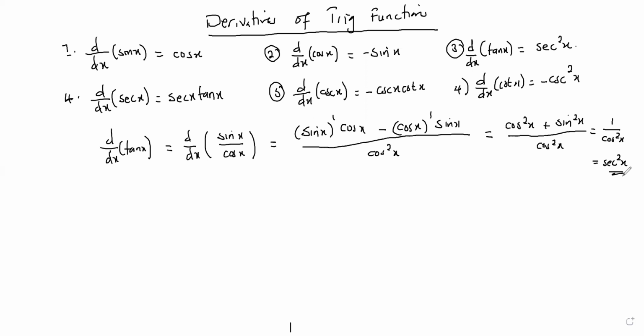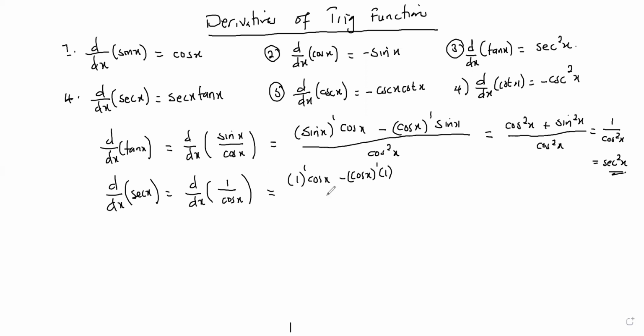So you see, every time you forget any of them, if I forgot the derivative of sec, I would say, okay, this is simply 1 over cos. So again, we're using the quotient rule. So we differentiate 1, multiply by cos, subtract, differentiate cos, multiply by 1, and then divide by cos squared.